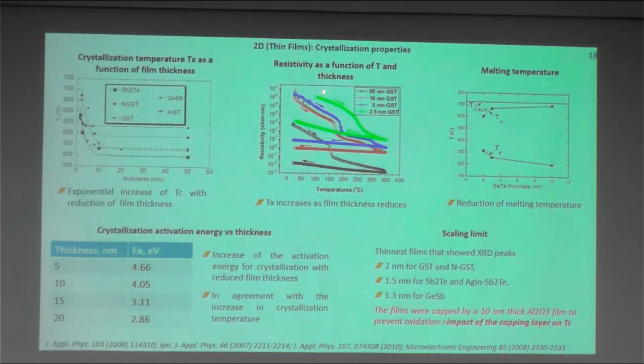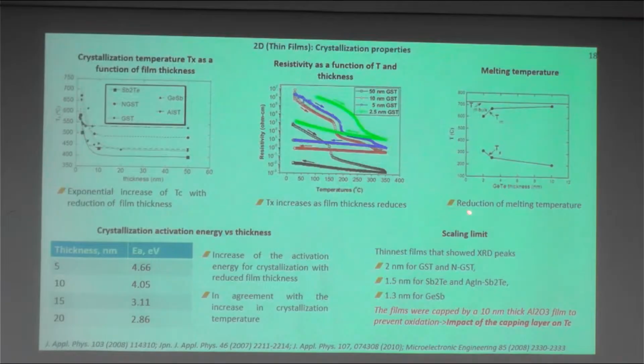It's like here in this range. Here this is 5 and 10. So you see for thicker thin films like 50 nanometers, the initial resistance is like 3 orders of magnitude lower compared to the nanoscale thin film.